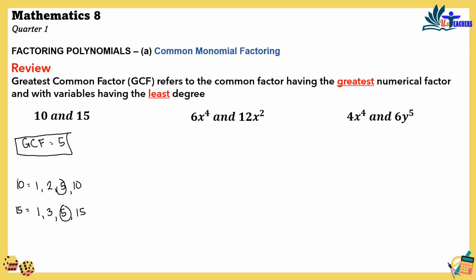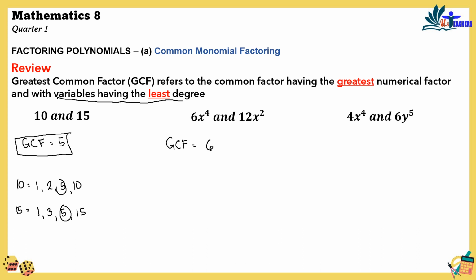So next example, 6x raised to 4 and 12x squared. So dun muna tayo sa number. What is the GCF of 6 and 12? Okay, 6. So, yung 6 at 12 pwedeng i-divide sa 6 nang walang remainder. Now, sa variable, balikan natin yung definition. Kapag variables yung pinag-uusapan, ang kukunin natin is yung may least degree.